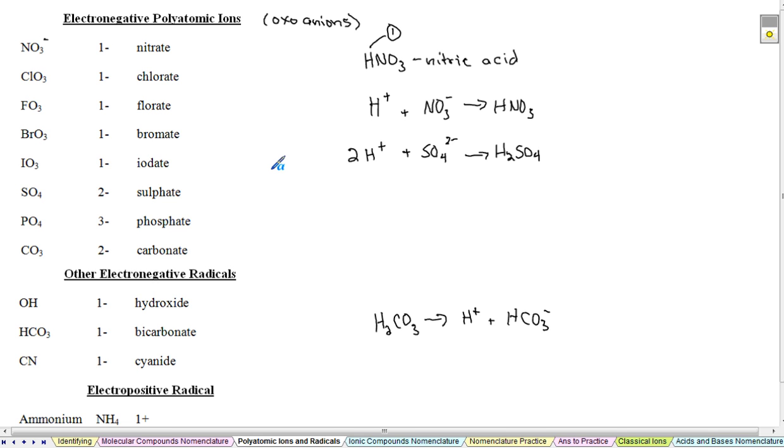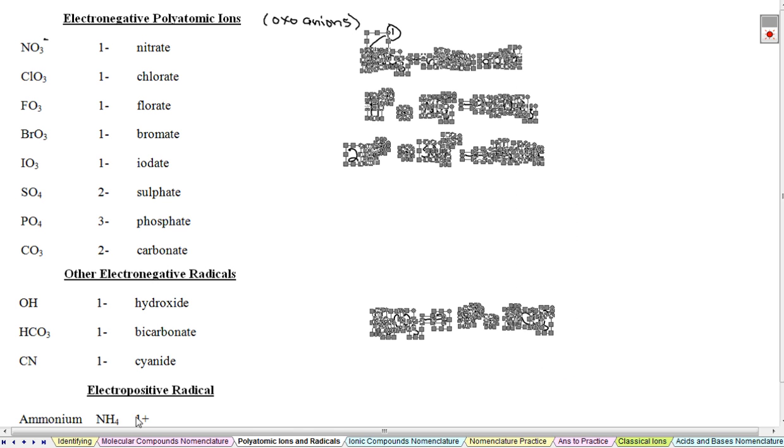So these are all your polyatomic ions. Again, they are molecular compounds that have either accepted or lost an electron or many electrons and taken a charge. Now, one of the important things to remember when we're dealing with these is that there's some naming that we have to be aware of.